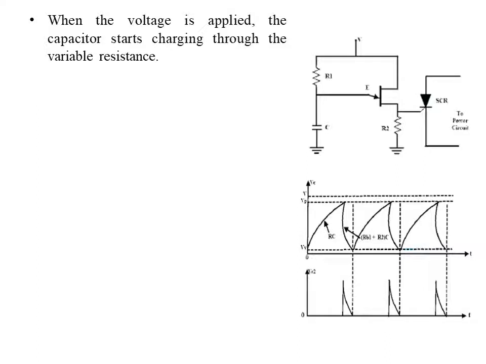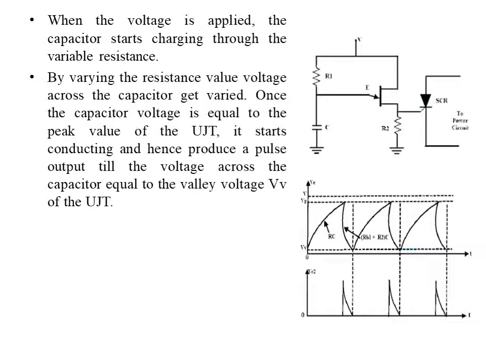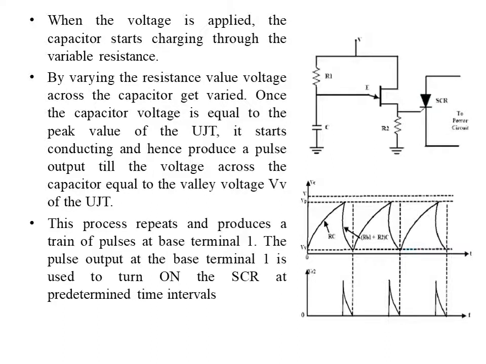When the voltage is applied, the capacitor starts charging through the variable resistance. By varying the resistance value, the voltage across the capacitor gets varied. Once the capacitor voltage is equal to the peak value of UJT, it starts conducting and hence produces a pulse output till the voltage across the capacitor equals the value of voltage VV of the UJT.